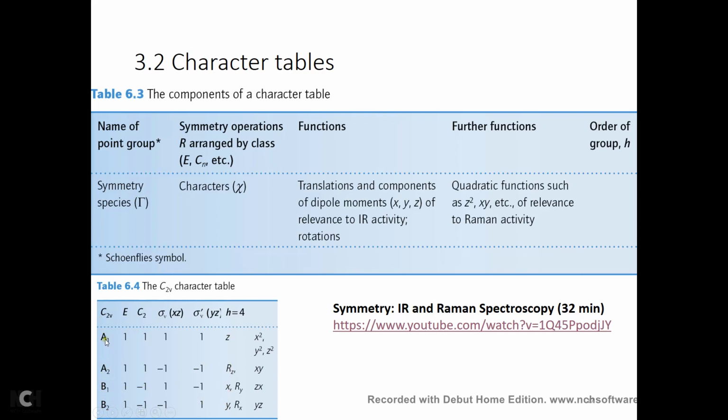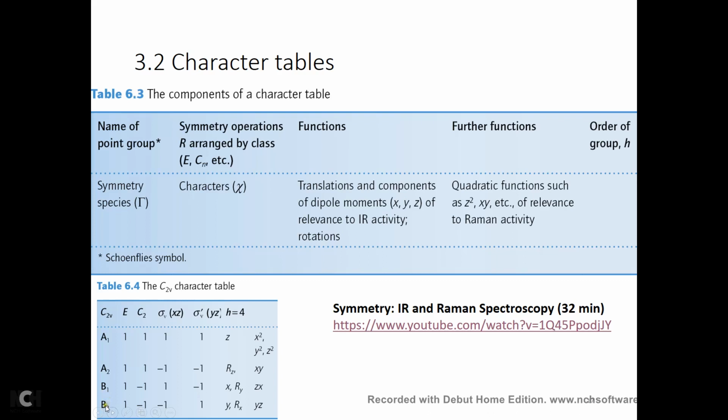A1 symmetry is always symmetrical, no matter what kind of operation you do. So that's A1. A2, if you see -1 here, that means if you do a reflection with respect to this mirror plane or that one, you change the sign of, for example, the dipole moment you're looking at.